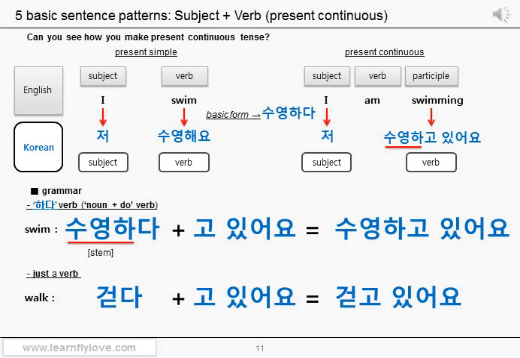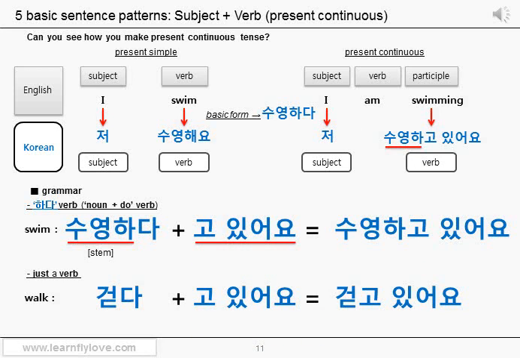Just remember that when you turn the verb or the adjective which has 하다 part into the present simple form with the honorific suffix 요, you turn the 하 sound into 해 sound and add 요. So we told you that you just remember the entire 해요 part for now. And when you turn the verb into the present continuous form, because you don't make present continuous of an adjective, you add 고 있어요 part to the stem.